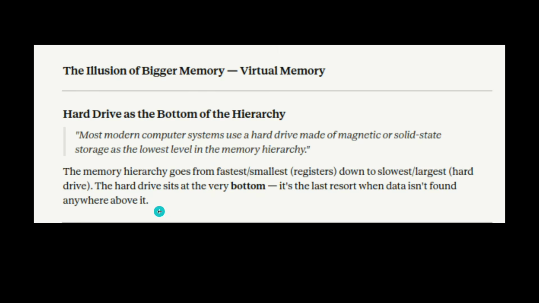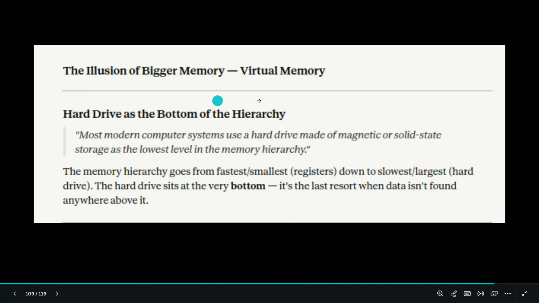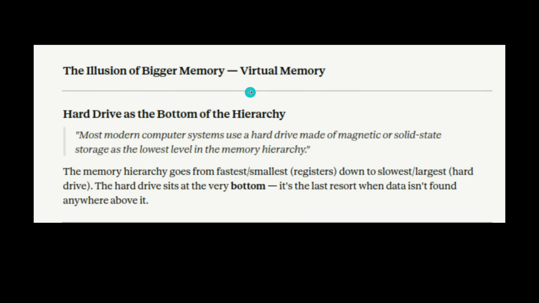So in this slide you have to understand that virtual memory is just an illusion of a bigger memory. If you aren't able to find the data anywhere, then you will find it in the hard drive, which is made up of magnetic or solid state storage.